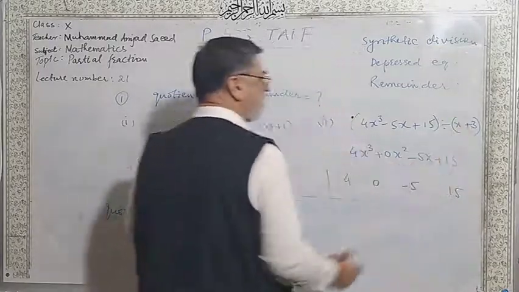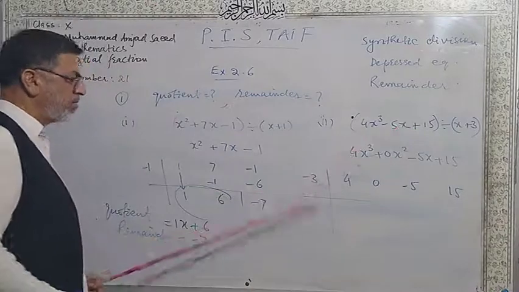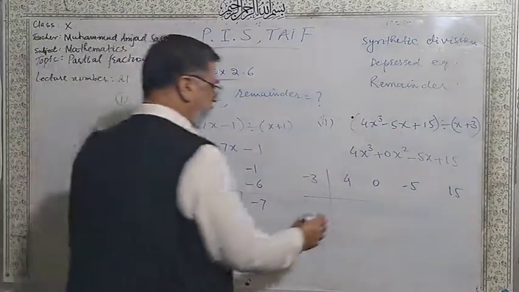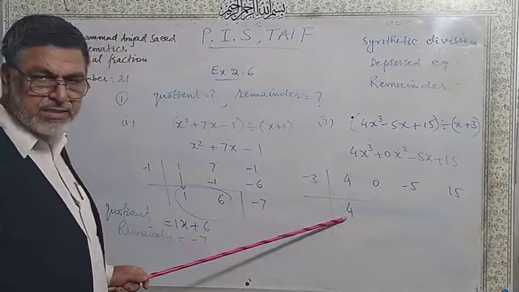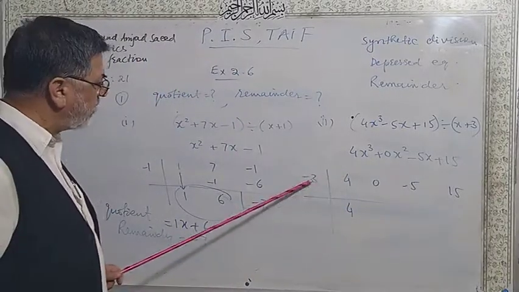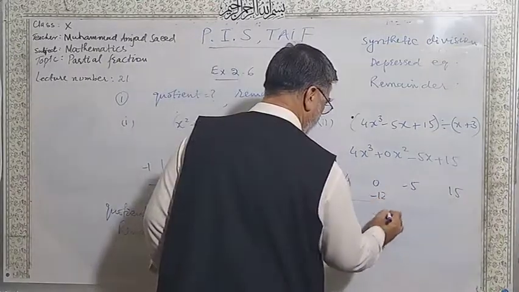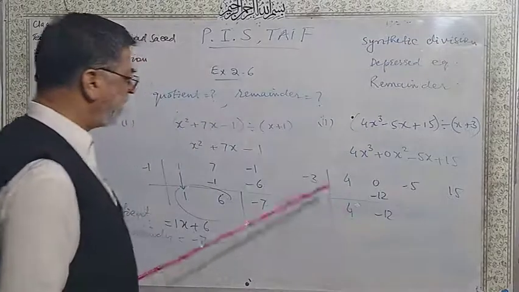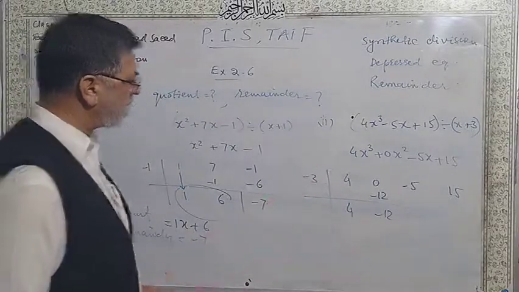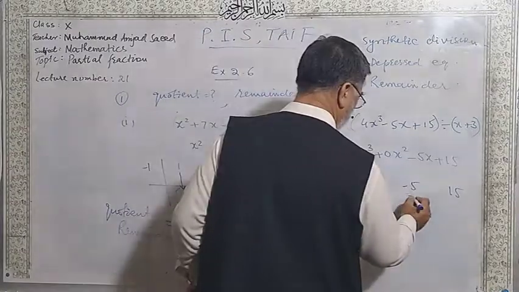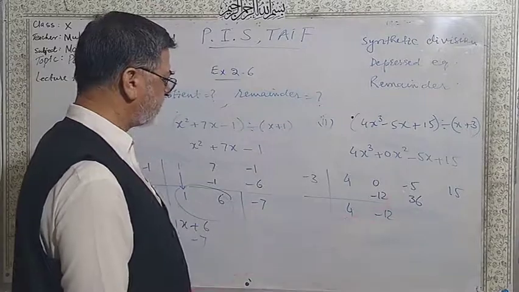And you will take x equal to minus 3 from x plus 3. Here you will bring 4 down as it is. Minus 3 into 4 is minus 12. Add them, minus 12. Then you multiply minus 3 and minus 12: minus minus plus, 36.